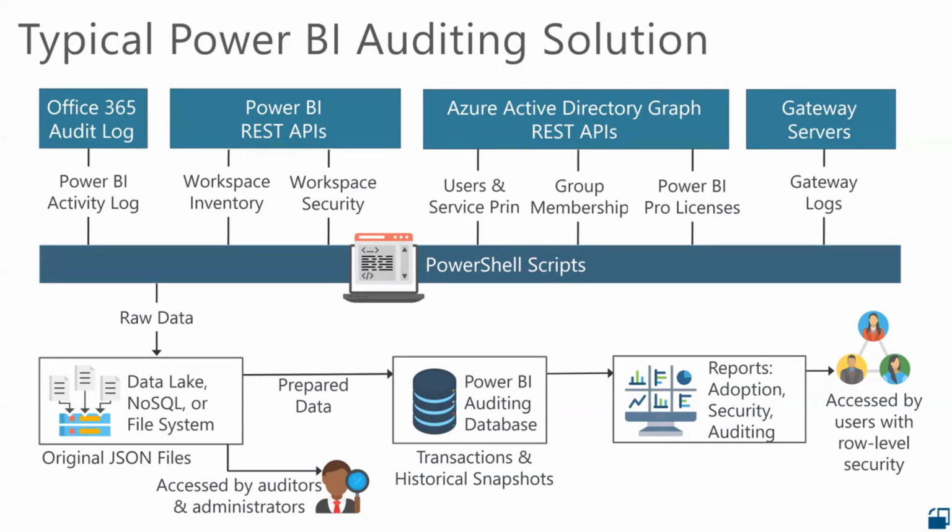And the reason that's important is new auditing elements are being added all the time. So if you're parsing it in your very initial first query, you're going to miss when something new comes in, then you're going to have to go re-extract it. Whereas if you just pull that raw data and plop it in a data lake, you've got it, you can always re-prepare it going between the data lake and your auditing database.